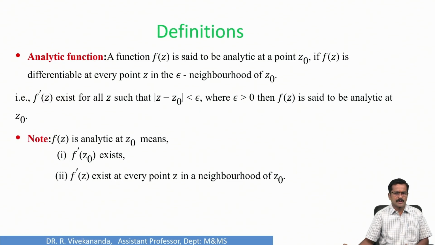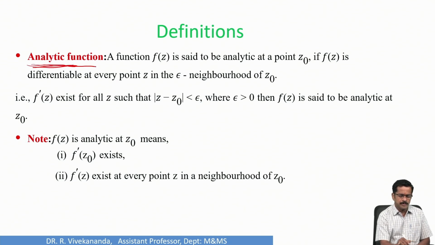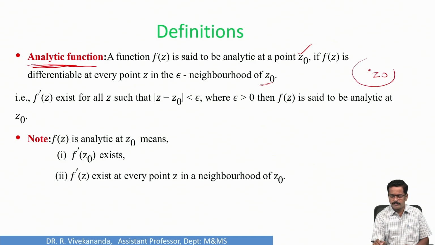Analytic function. It's very important; you should know what an analytic function is. The function f(z) is said to be analytic at the point z naught if f(z) is differentiable at every point in the neighborhood of z naught. So at z naught and its neighborhood, the function is differentiable everywhere.